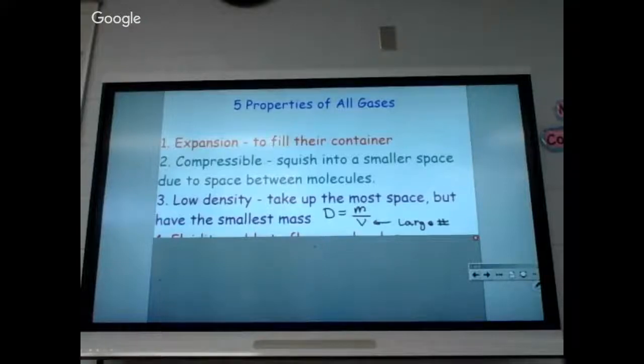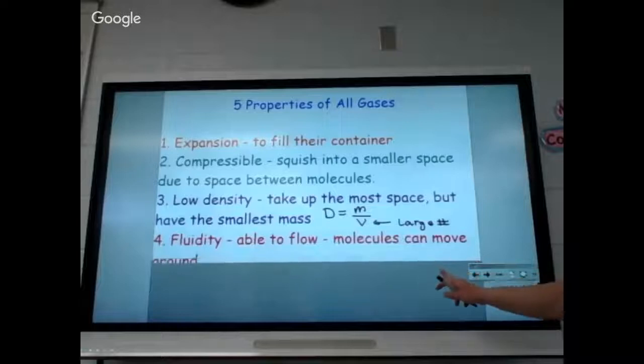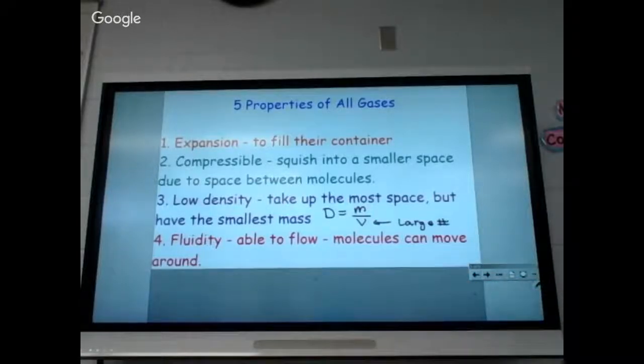Now, number 4 is a word that you guys have used before. All right? And a lot of us think about it in terms of liquids. Gases are fluids. They have the ability to flow. We're able to walk around through the room because the gas molecules can move and flow around us.